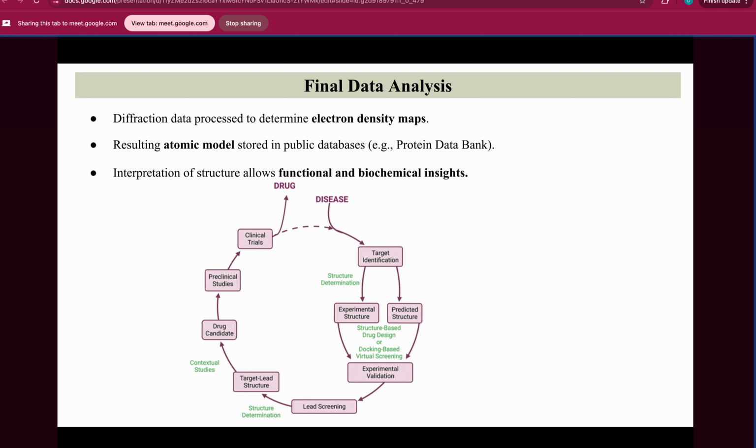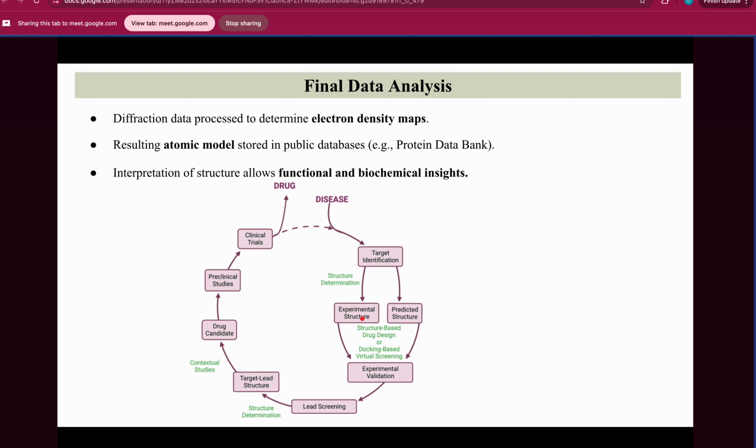We can visualize them, see what the proteins are and how they look, and then after identifying the target, we can determine its structure. And now because artificial intelligence and machine learning have come up, there is a possibility that we can also predict the structure, such as with AlphaFold. So by using that, we can predict the structure for this target which has been identified.